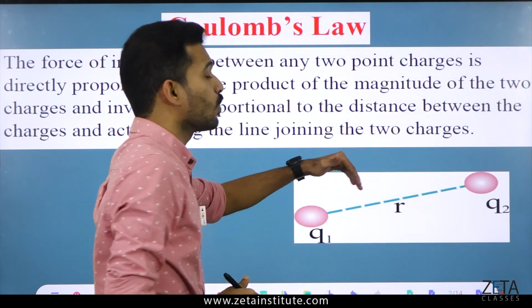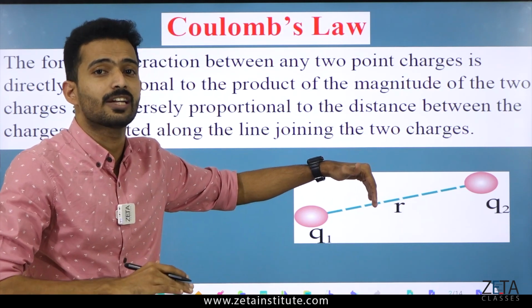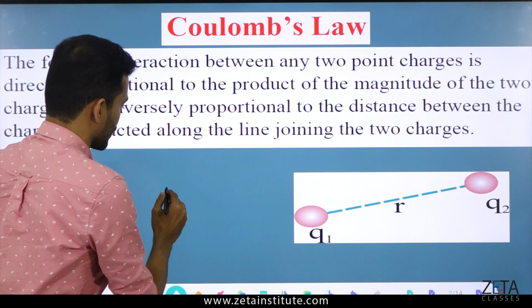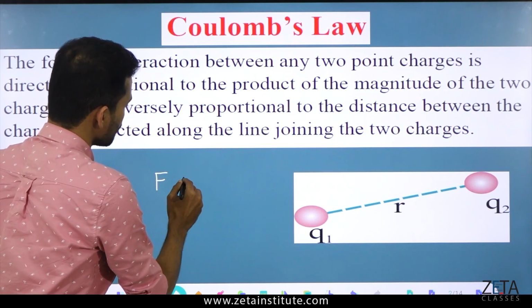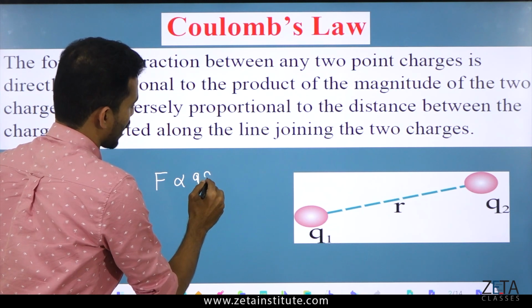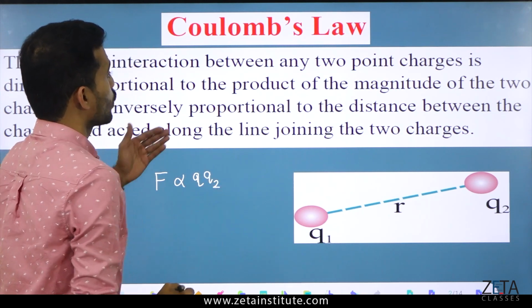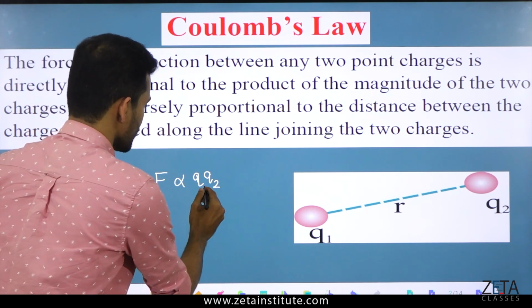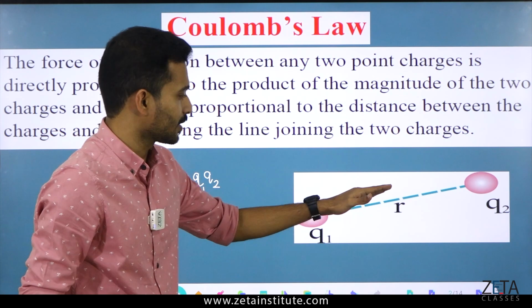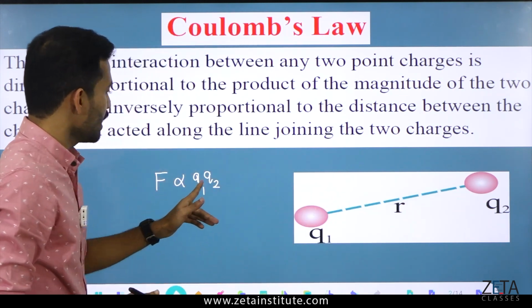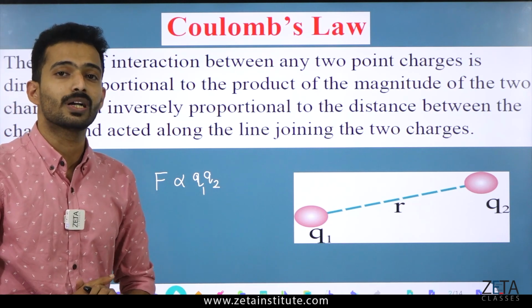So there is a force of interaction. It may be attractive, it may be repulsive. This force of interaction is directly proportional to the product of the magnitudes of the two charges. Consider these are two charges Q1 and Q2 separated by a distance R. Then we can write F is proportional to Q1 into Q2.